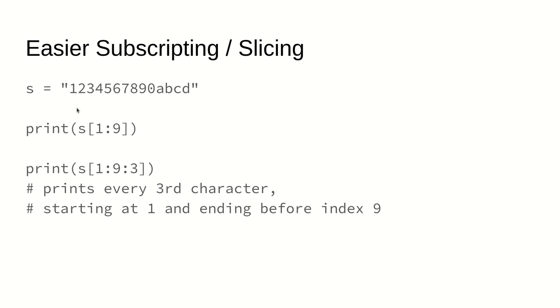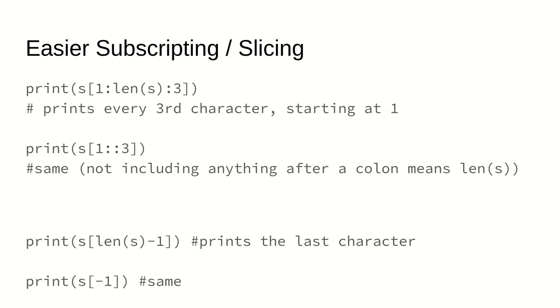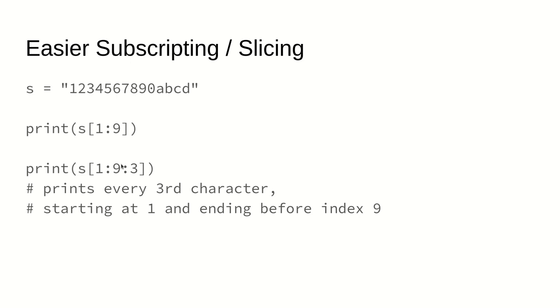So this is just the same as the one above, except it has fewer characters because it doesn't step from index 1 to index 2 to index 3. It skips forward by 3s. So it gets every third character, starting at index 1. That one ended at index 9.